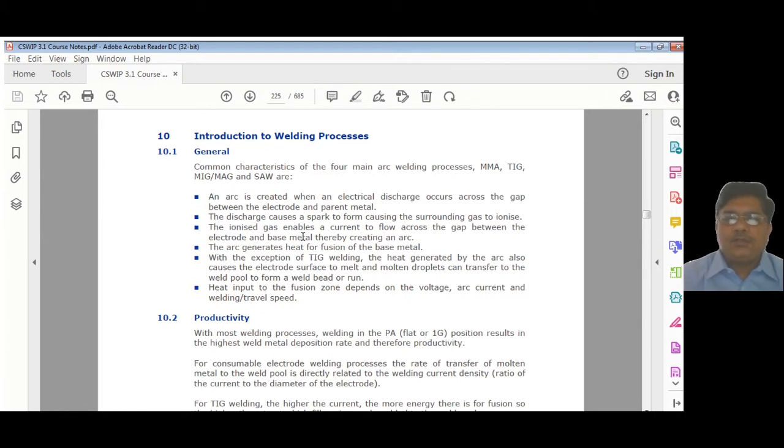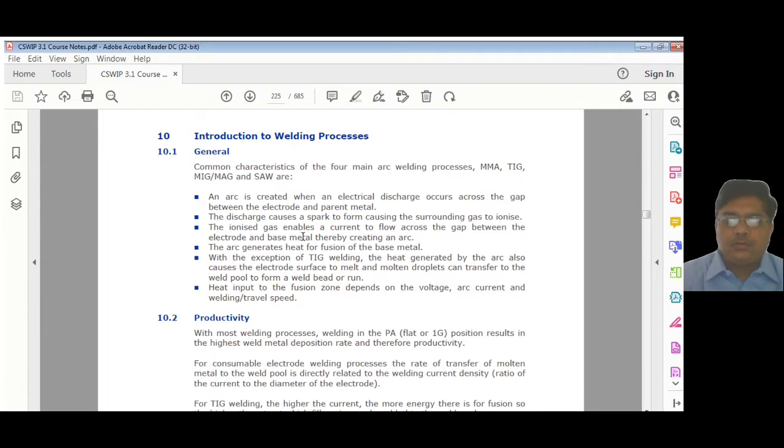Negative is always given to the workpiece, and positive is taken to the electrode in the hand.